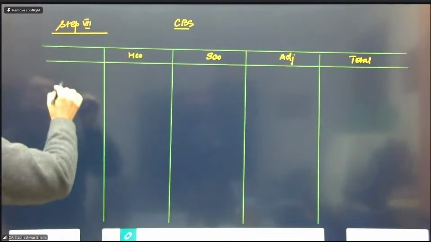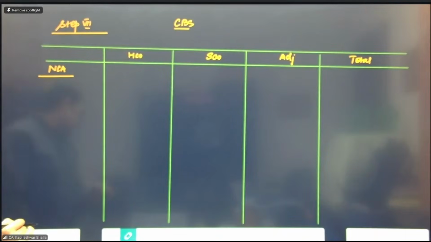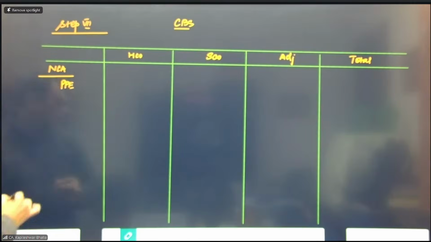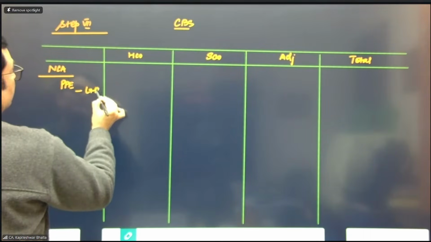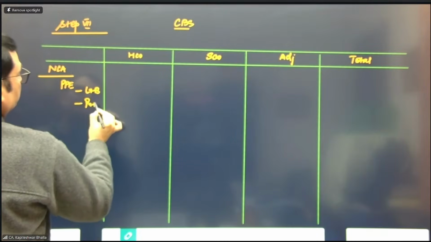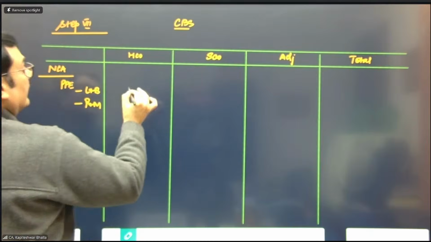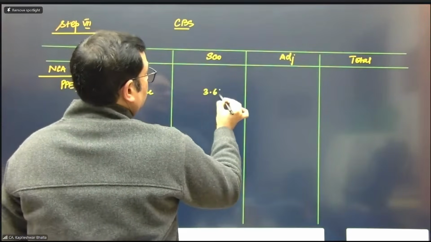So first of all, on the non-current assets, we're given the property, plant, equipment comprising 2 items. One is land and building, and one is plant and machinery. So land and building is appearing at 3 lakhs, and this is 3 lakhs 60.